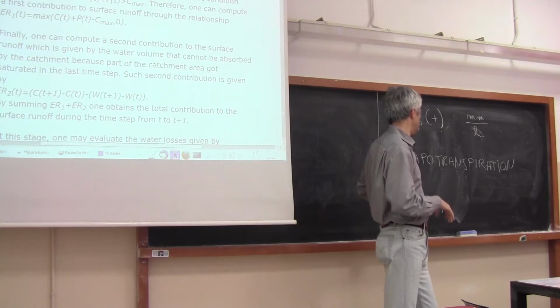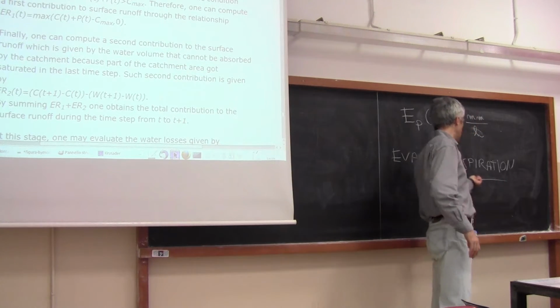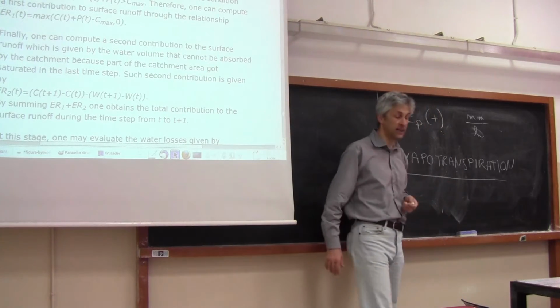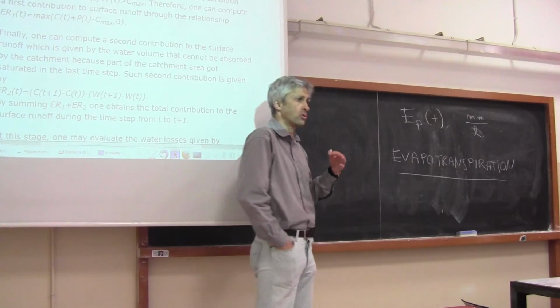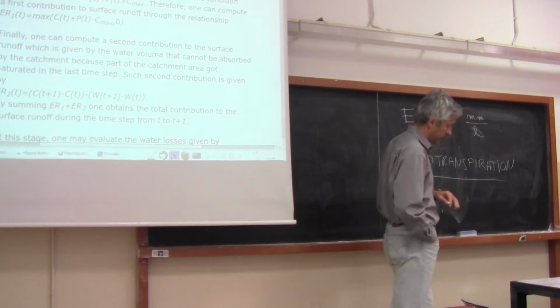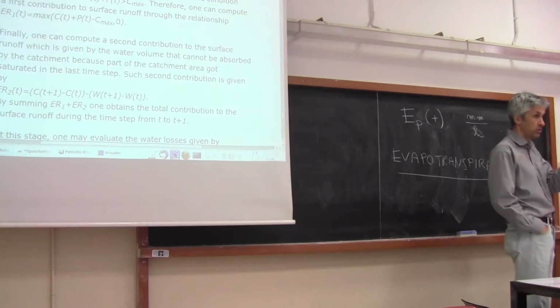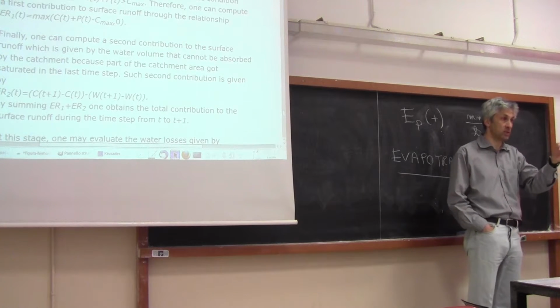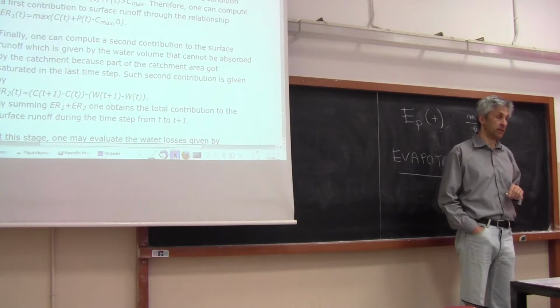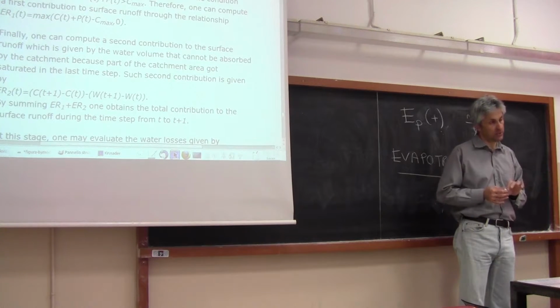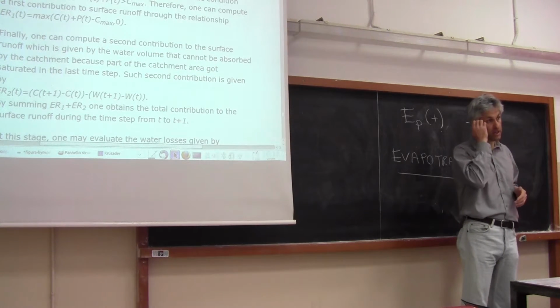So basically, as I said, empirical formulas to compute evapotranspiration, but evapotranspiration depends on several conditions. As I told you, it depends on meteorological conditions, it depends on the type of vegetation, it depends on the type of the soil. And therefore, there are several potential explaining variables that may come into play.